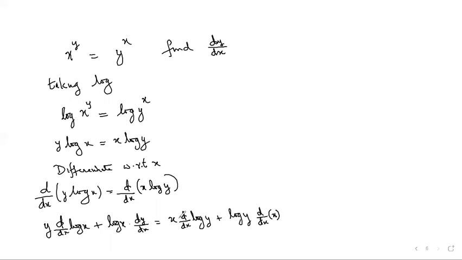Please put your answer. y into 1 by x, log x into dy by dx. Log y, derivative 1 by y derivative of y. I hope you have written that. And derivative of x is 1.